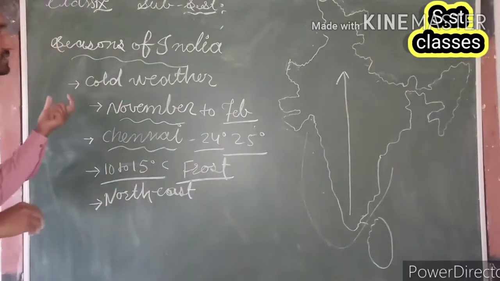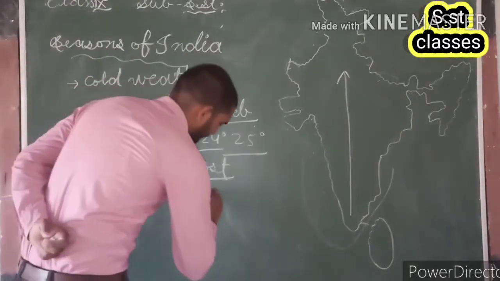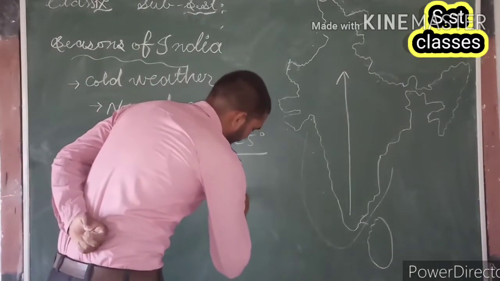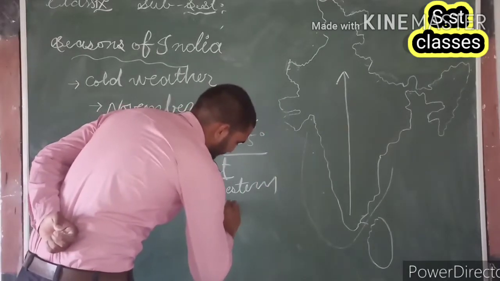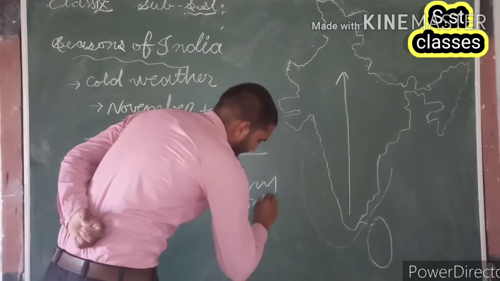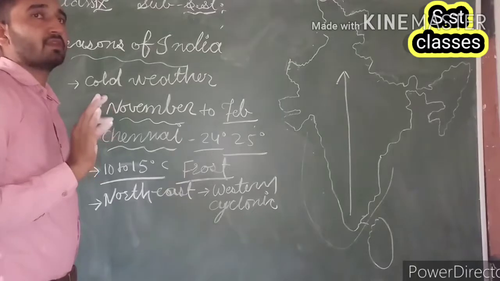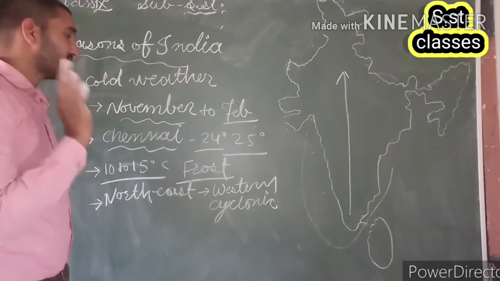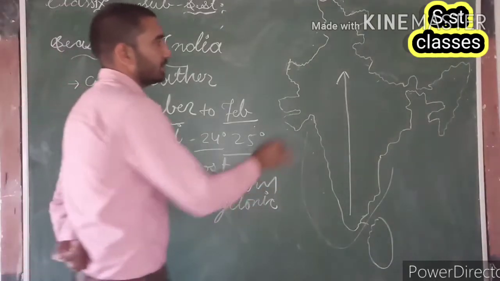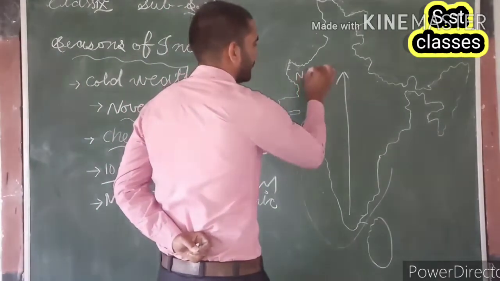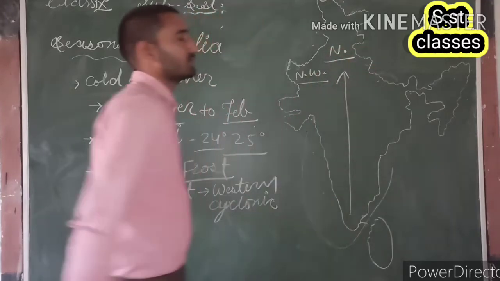At this time, in the cold weather season in India, sometimes we notice western cyclonic disturbances, which affect the northwestern and northern part of the country.